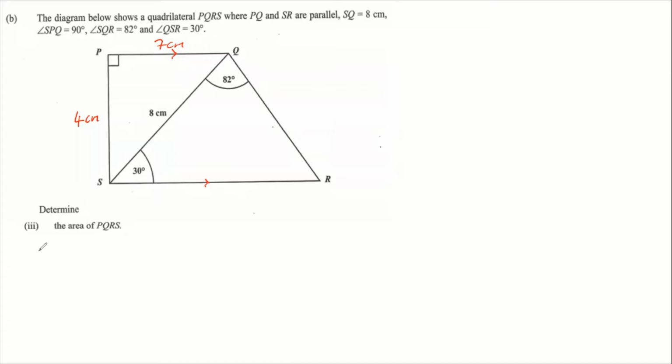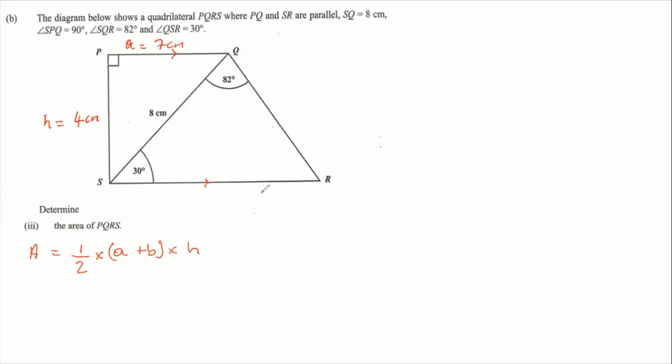Therefore, we know that the area of PQRS is going to equal half times A plus B multiplied by the height. All right, let's look at our problem and see which part is the height. PS is going to be the height. So this is H, so that H is equal to 4. What else do we know? PQ, we can call that A, so we know that this is A.